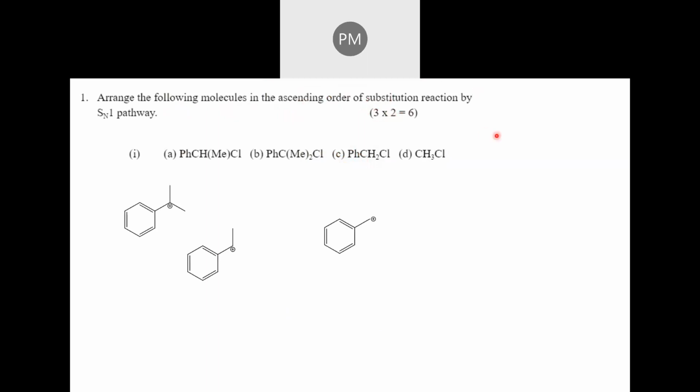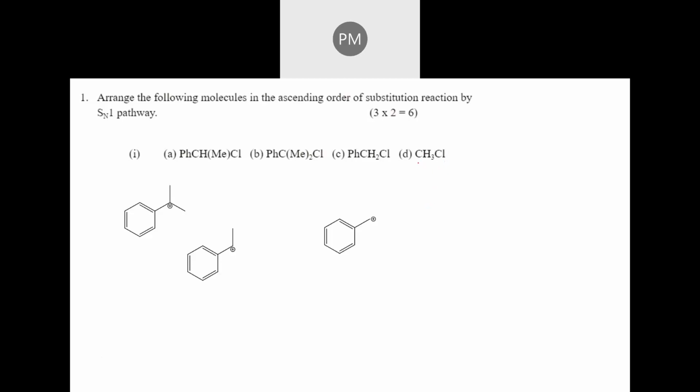Where the carbocation is more stable, that will favor SN1, because in an SN1 reaction the leaving group first departs from the substrate molecule and forms the carbocation.